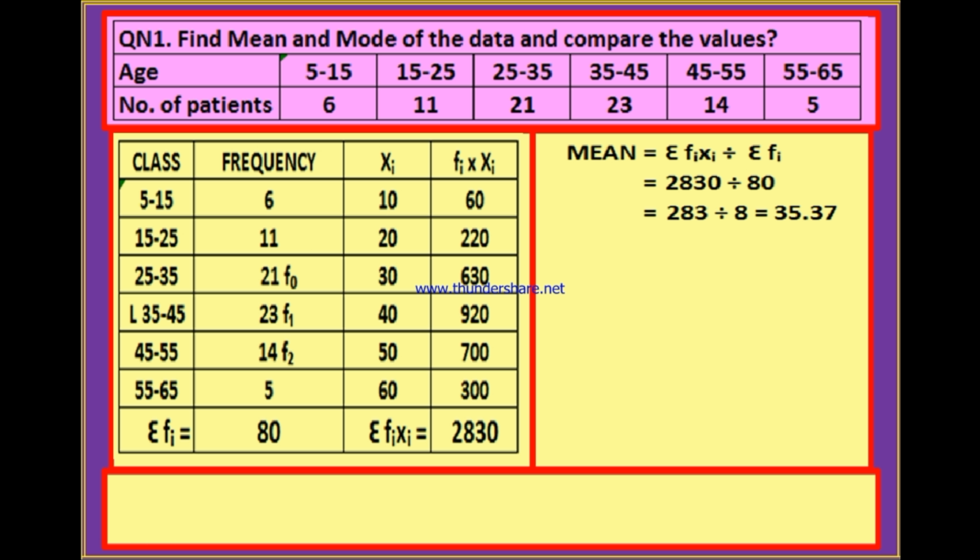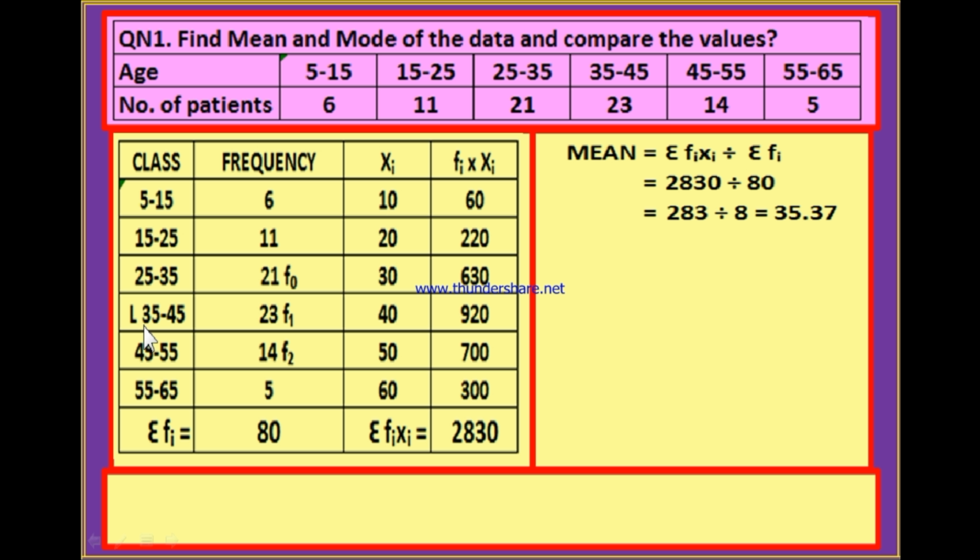You can consider this highest frequency as F1, and the frequency above F1 is F0, and the frequency below F1 is F2.